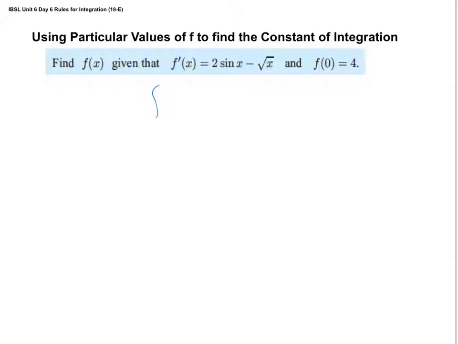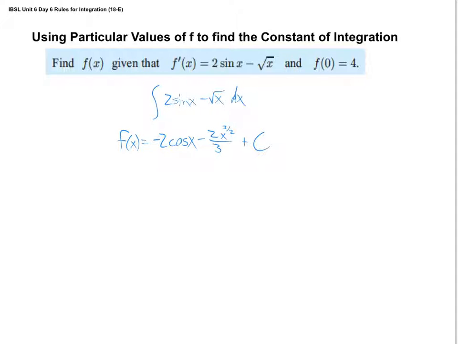So if I take the integral of 2 sine of x minus the square root of x dx, what's the integral of 2 sine x minus root x? And then plus c. So this is our f of x.